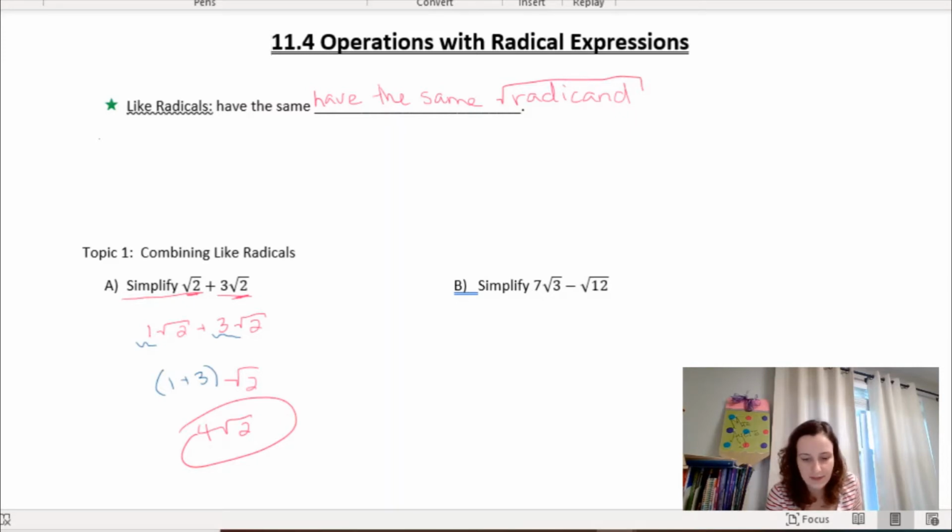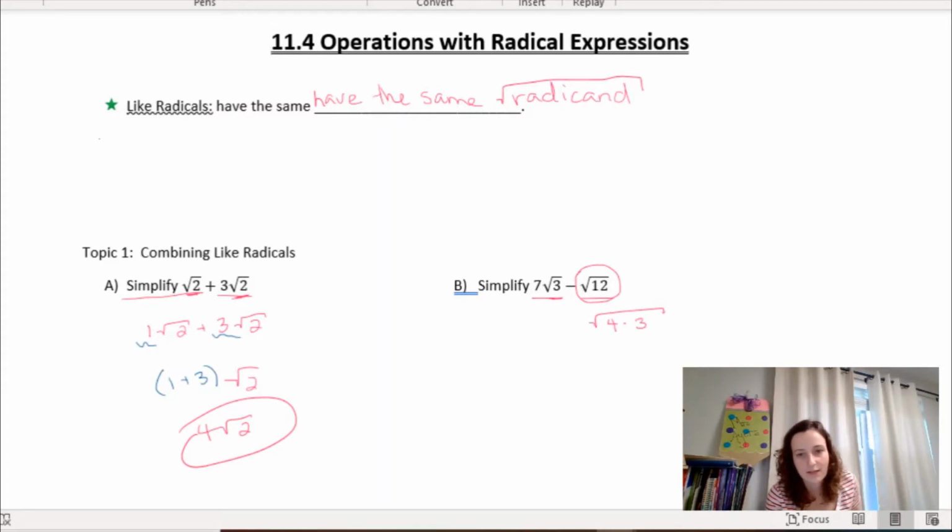Okay, look at this next one. We're going to simplify 7 square roots of 3 minus the square root of 12. Notice that the radicands are not the same, but I can simplify the square root of 12 so that I have the same radicand, square root of 3. Remember how to do this: break this up, looking for a perfect square times something else.